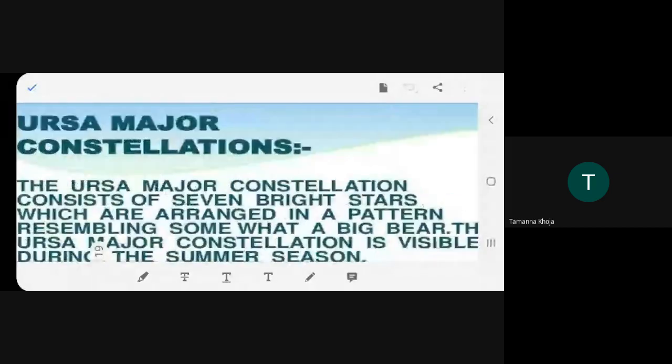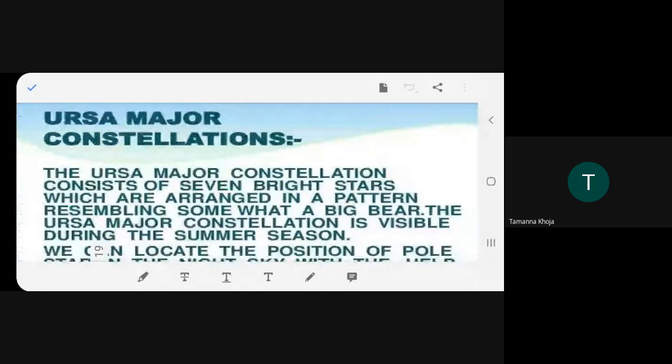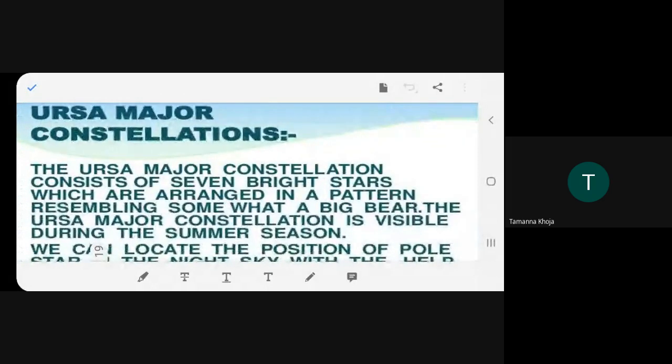Let's see the first one, the Ursa Major constellation. How does it look? The Ursa Major constellation consists of seven bright stars which are arranged in a pattern resembling somewhat a big bear.